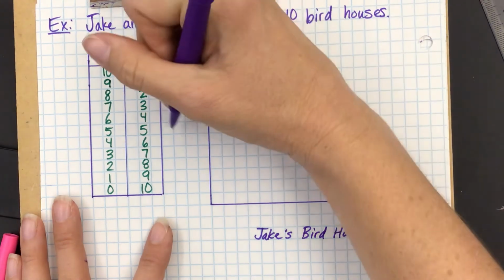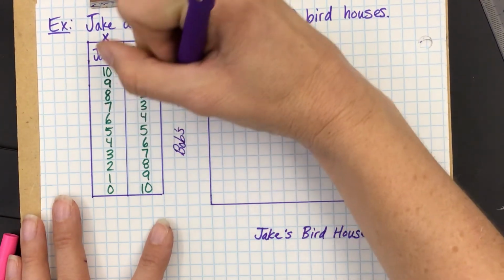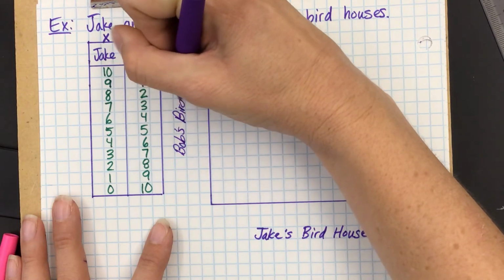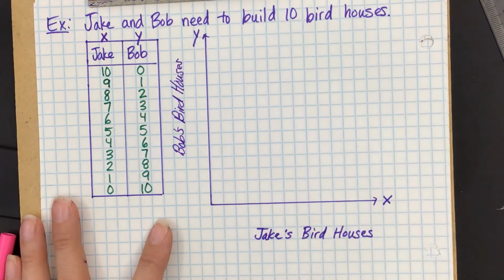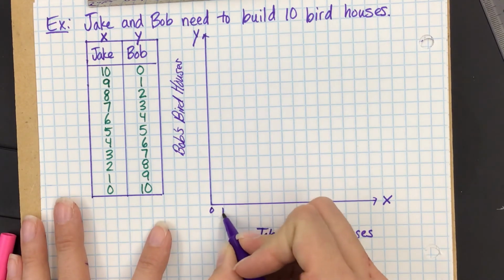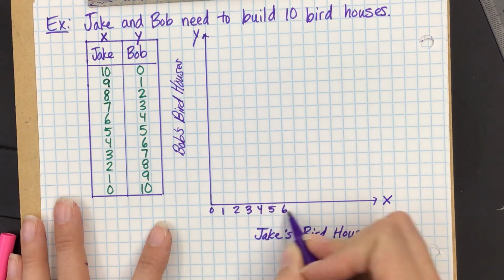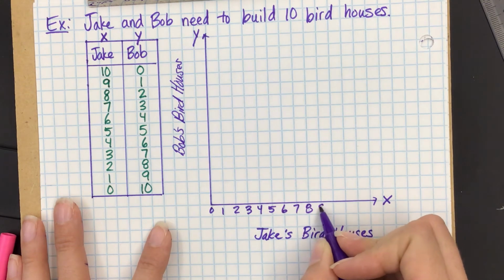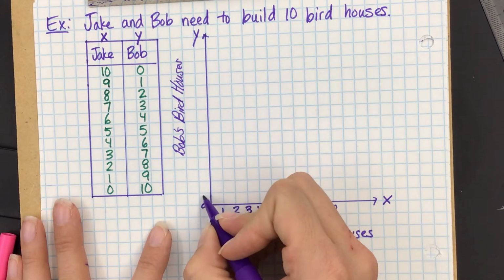And then Bob is our y, so we'll do Bob's birdhouses over here. Like I said, we're going to do a scale of 1 because we can. So this will be 0, 1, 2, 3, 4, 5, 6, 7, 8, 9, 10. And then I'll do the same thing along the y-axis.